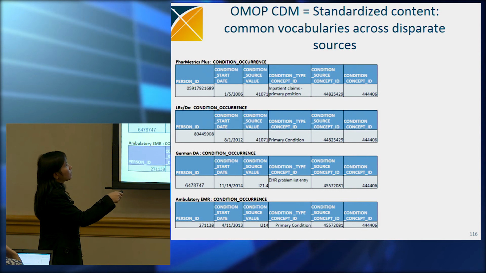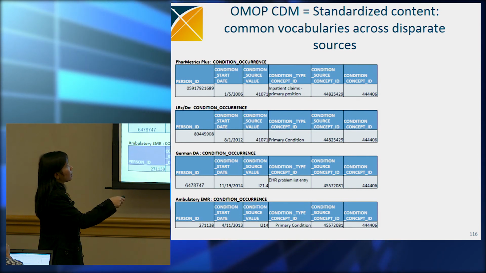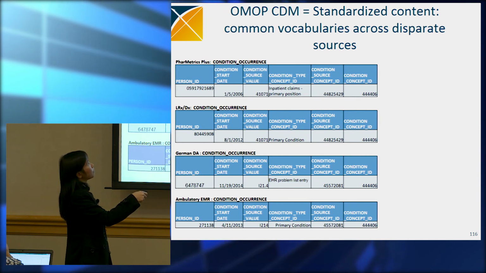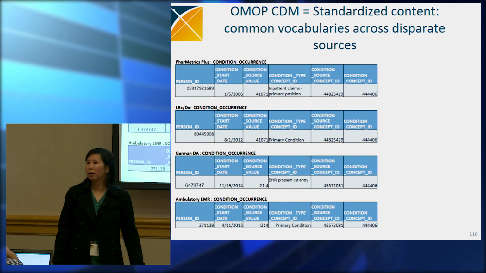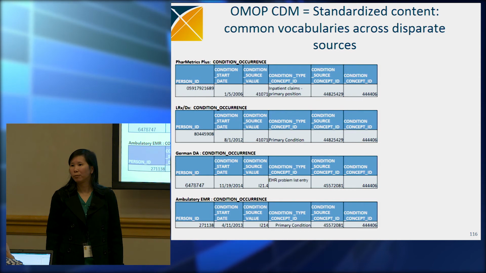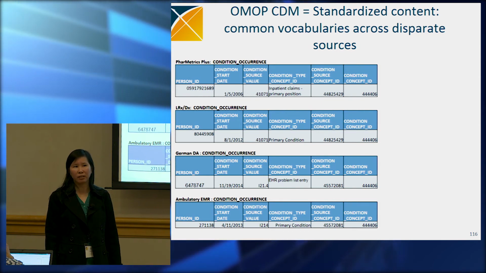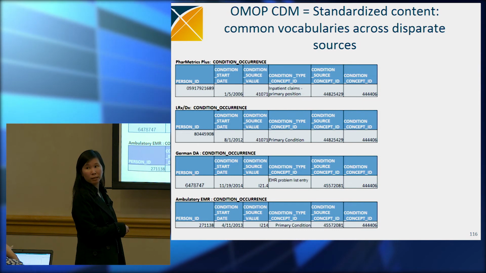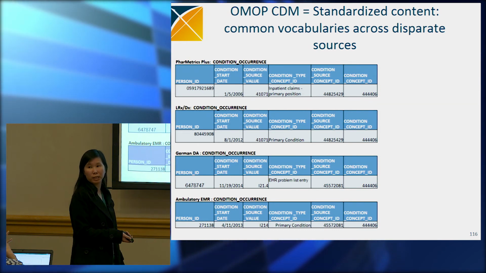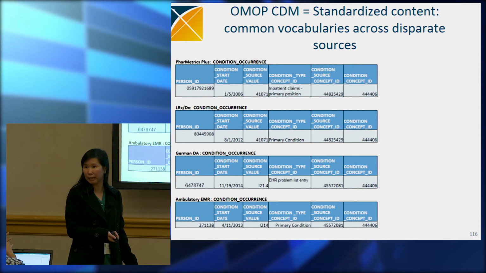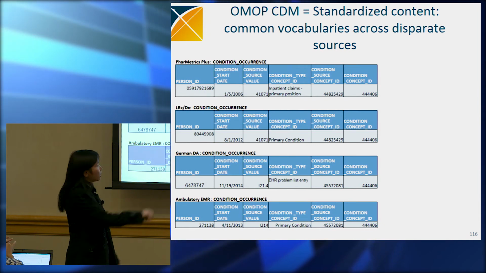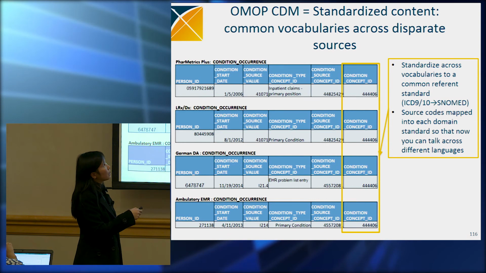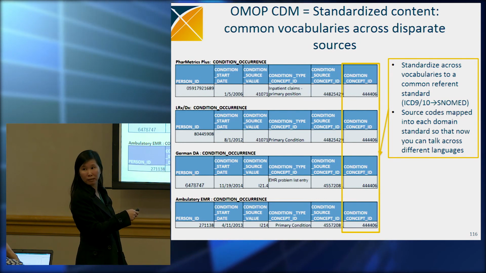One of the things we get asked a lot is, why do we need to store this condition source concept ID? Why not just the source value? Come on, I know those codes. I'm really good at my ICD-9s, my ICD-10s, right? But again, what you'll notice is this has a dot, this doesn't. So you have to know in your own systems that one has a dot and one doesn't. That's why we introduce this ID, because now you'll notice all 4 of these have the same condition concept ID, right?